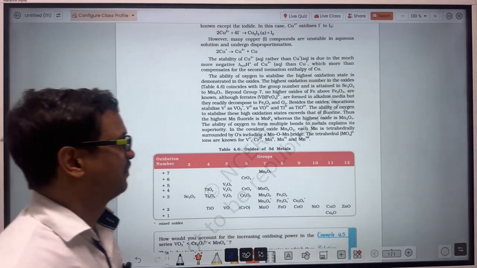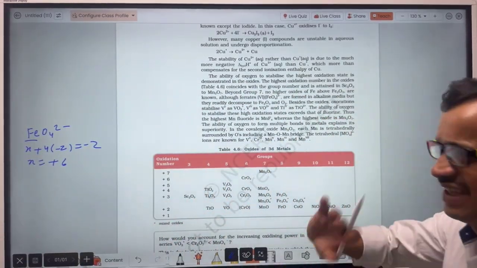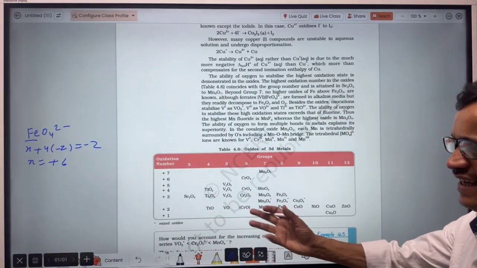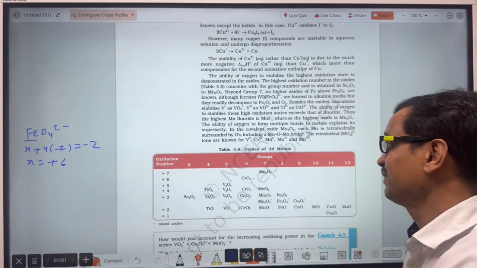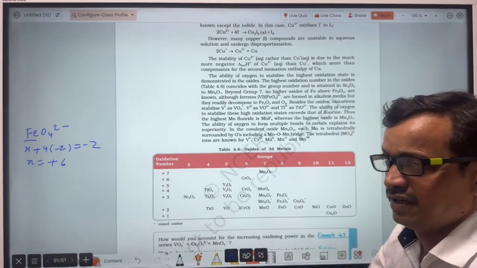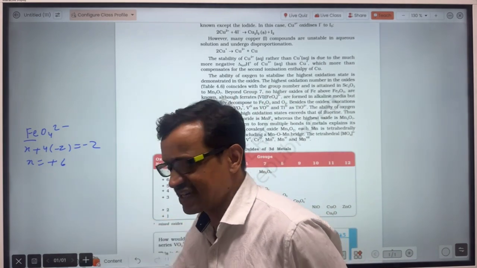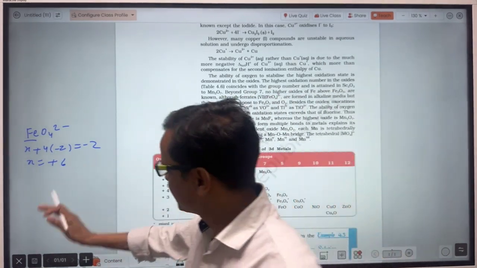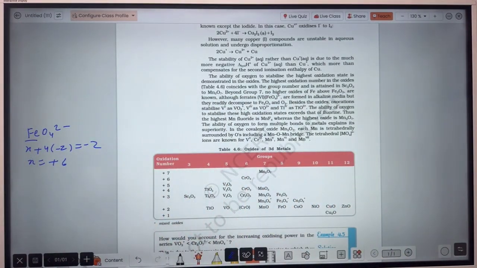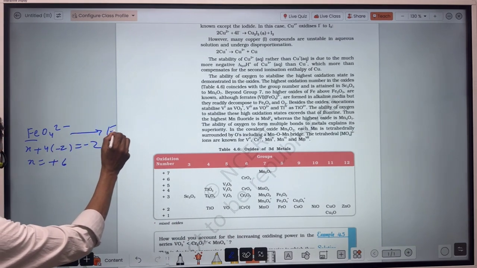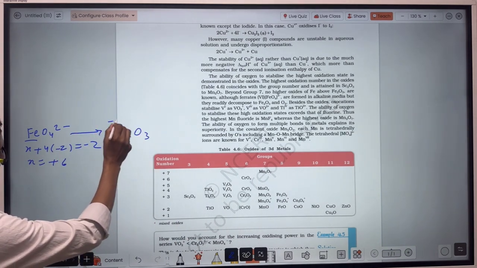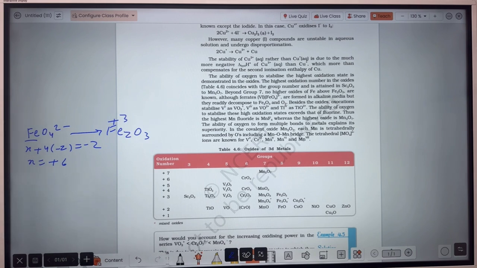By the way, ferrates form during a number of reactions by chance. If there is formation of ferrate in which the oxidation number of iron is +6, then this ferrate will immediately form Fe2O3, in which the oxidation number of iron is +3. You may calculate that.